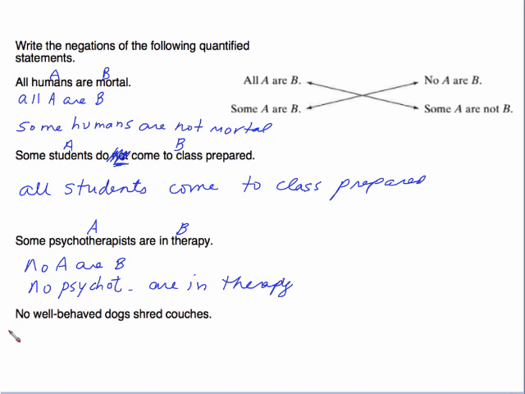The last one, no well-behaved dogs shred couches. So we have well-behaved dogs is A, shredding couches is our B, and it says no well-behaved dogs shred couches.